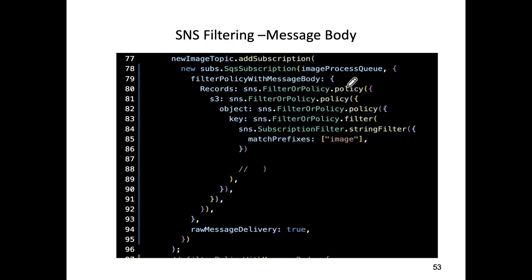There's no real point in me talking my way through this syntax here. It's just cut and paste, really. But if you follow the syntax, it's SNS filter dot policy dot something. Same here, SNS filter dot policy dot something. In all of the cases, it's dot policy. Policy is actually just a static method.